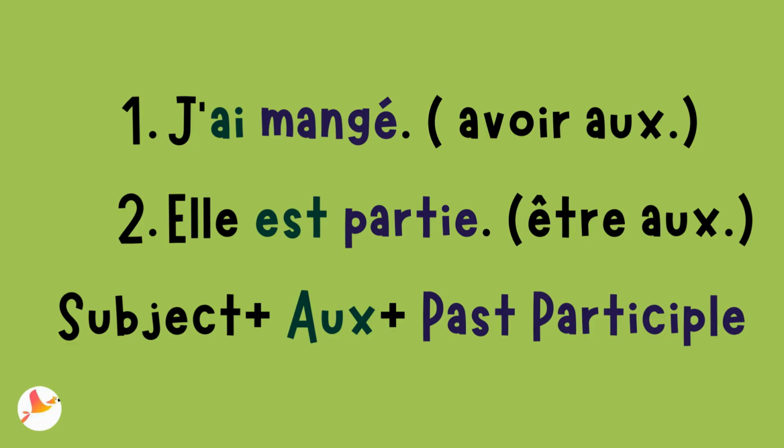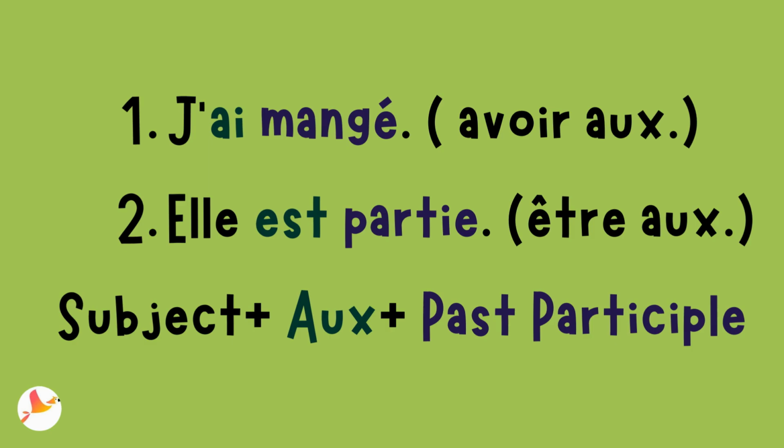If we have the subject, the auxiliary, and the past participle, then we have a complete sentence in the passé composé tense. So here we can see all the letters in black are the subject. We have je and elle. Then we have the auxiliaries. Number 1, we have an avoir auxiliary.